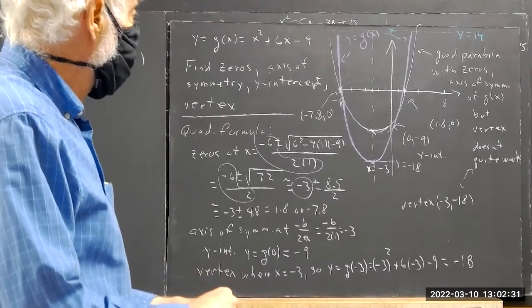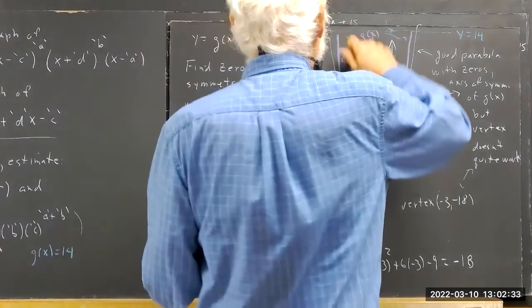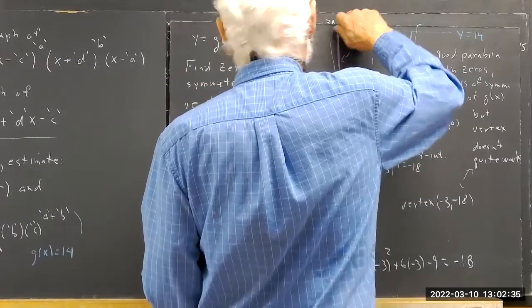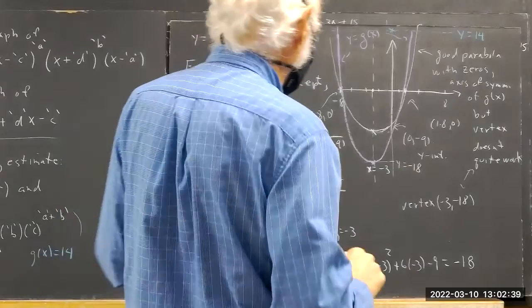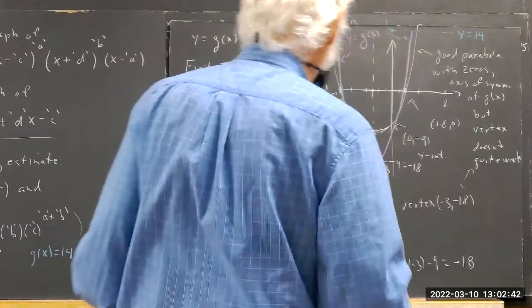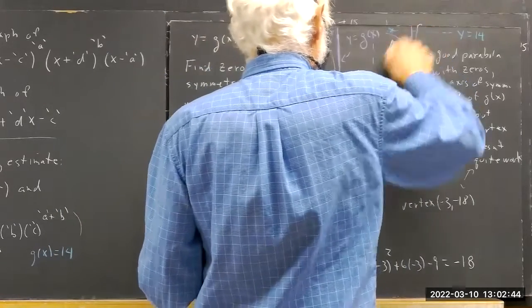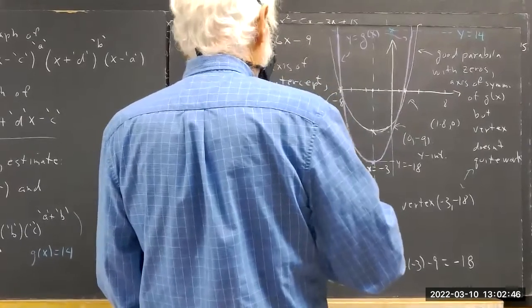So if I want to see what the solutions of g of x equals 14 are, make sure this graph extends far enough.